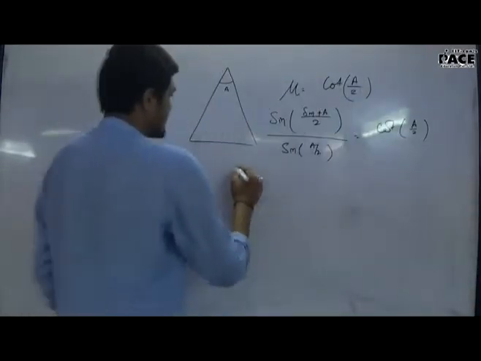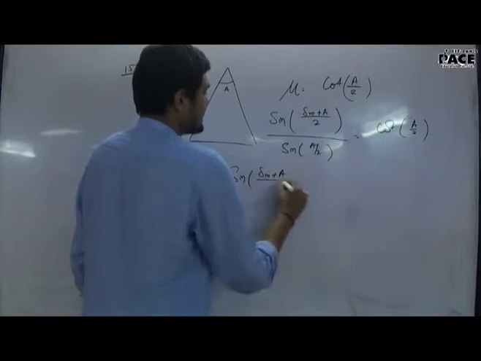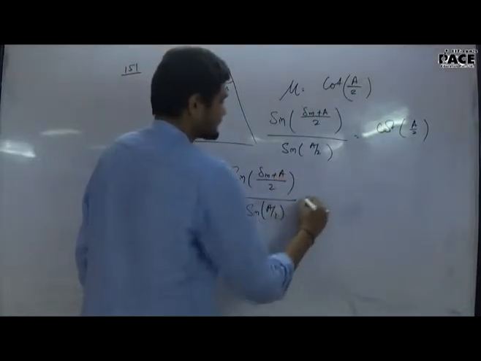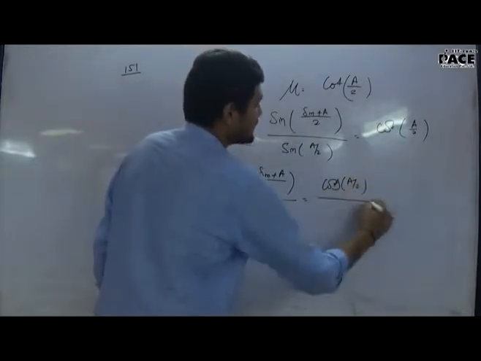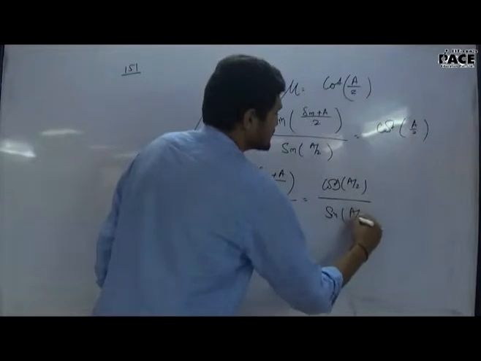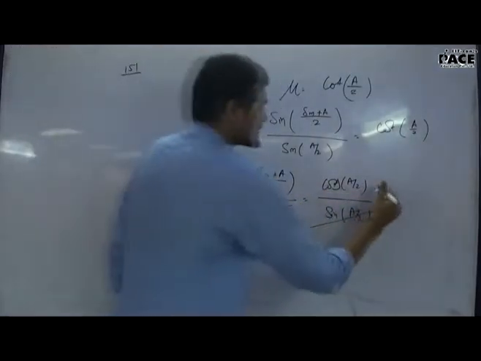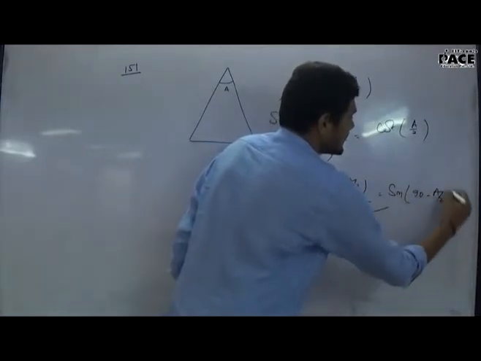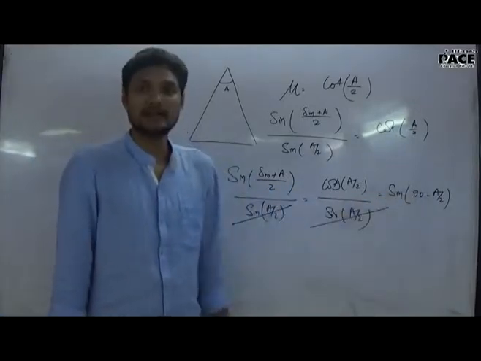So sine of (delta m plus A) by 2 upon sine A by 2 is equal to cos A by 2 upon sine A by 2. This sine A by 2 gets cancelled, and we can write cos A by 2 as sine of 90 minus A by 2.